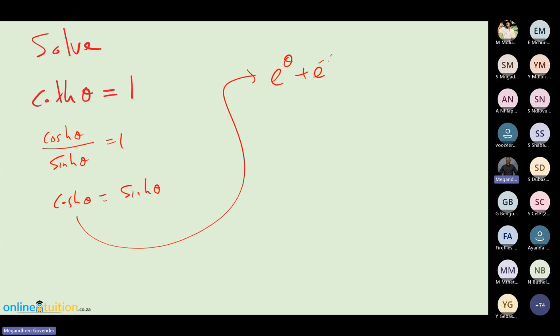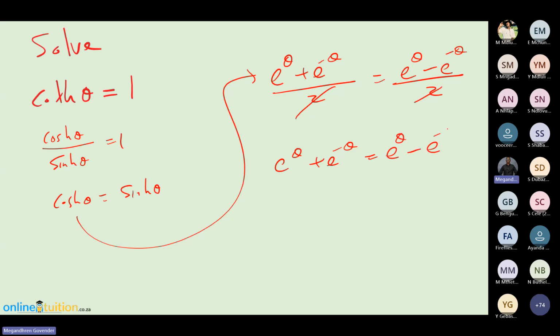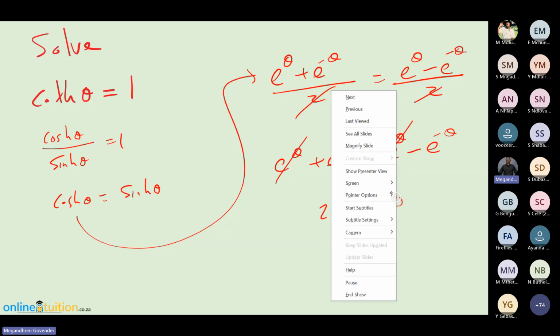You go to the definition. e to the theta minus e to the minus theta all over 2. The 2's will cancel. You get e to the theta plus e to the minus theta equals... You get this, guys? That will cancel. Hey, no, you're not going to get 0. You get 2e to the minus theta equals 0.